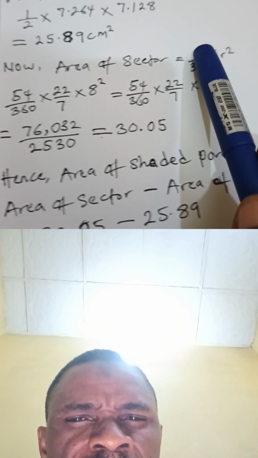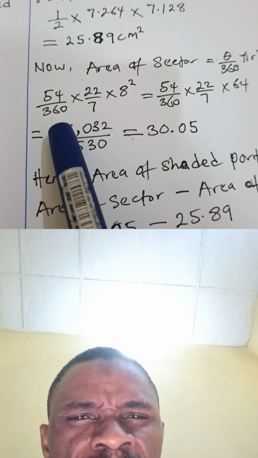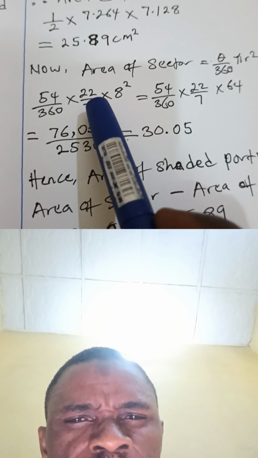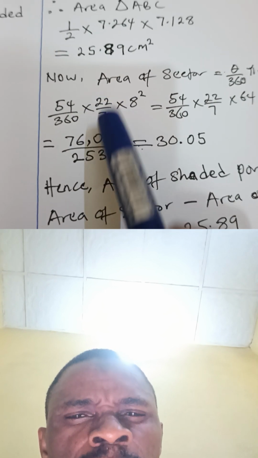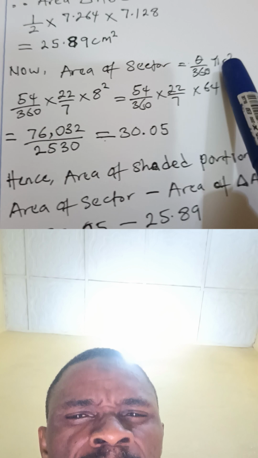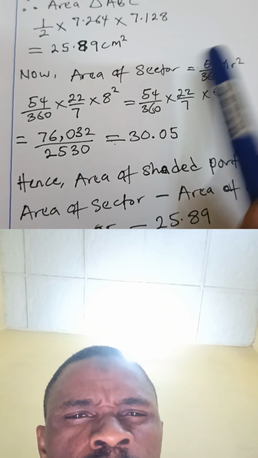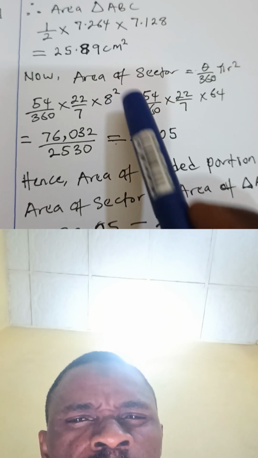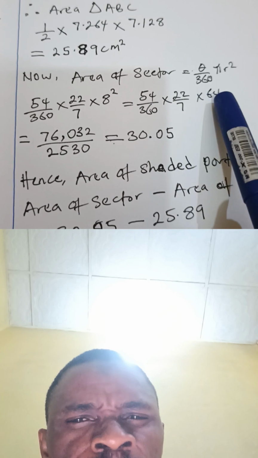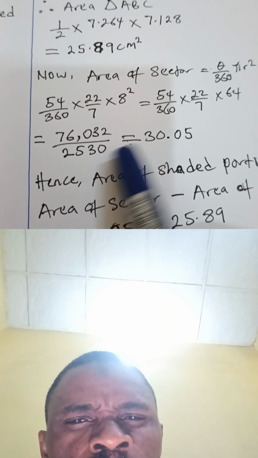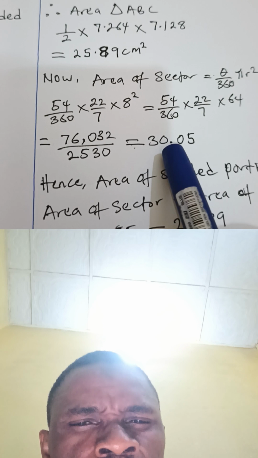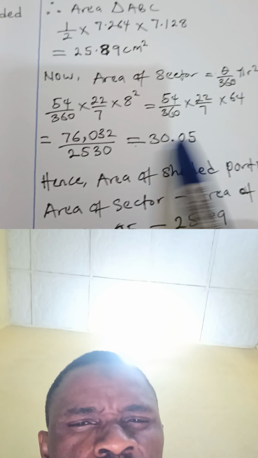The theta, the angle, that's 54 over 360. Pi is usually 22 over 7. Then r square. Don't forget our radius is 8, so we'll just put the square, which is 64 here. Then you multiply everything, and it's going to give you 30.05 if you use your calculator.